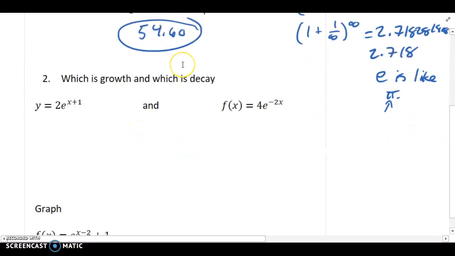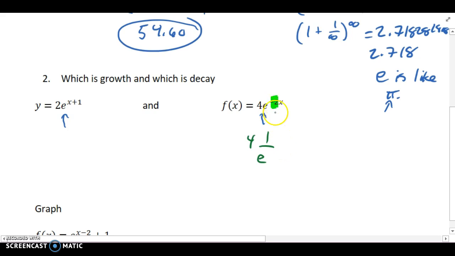Next is which is growth and which is decay. Growth is larger than 1 and decay is smaller than 1. When we look at these, they both have E's in them, and they both look like they're bigger than 1. But we have to remember one concept, right here: negative powers are actually fractions.